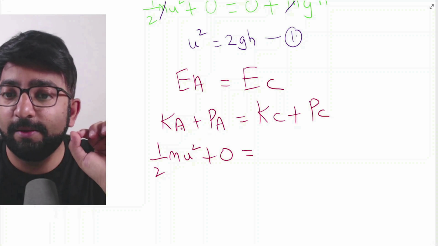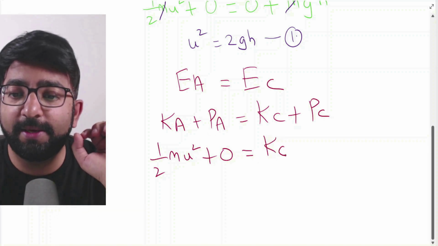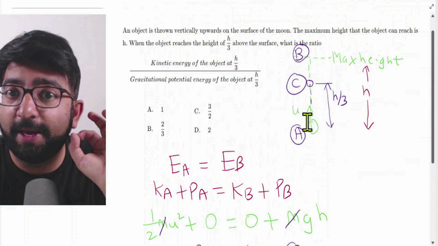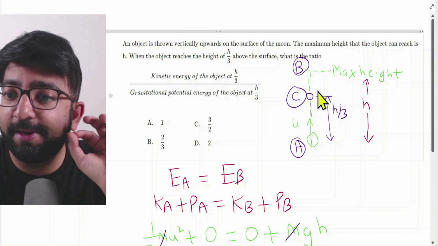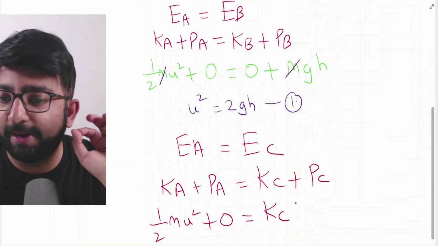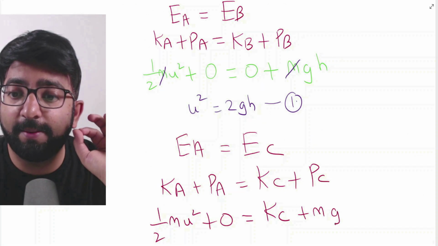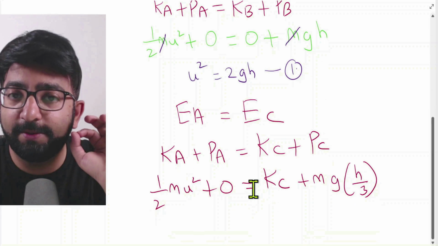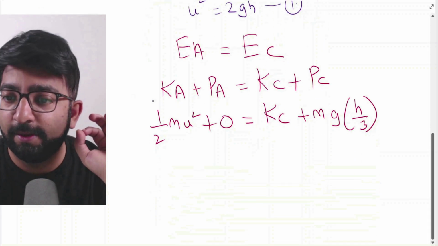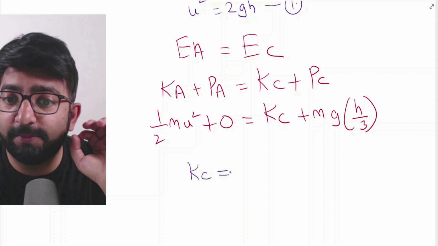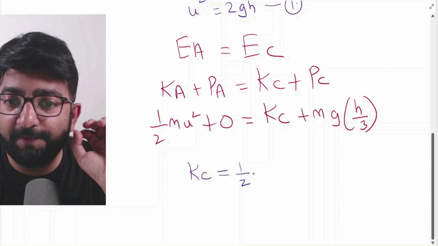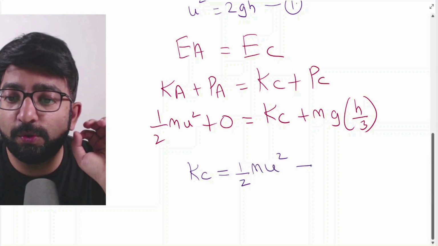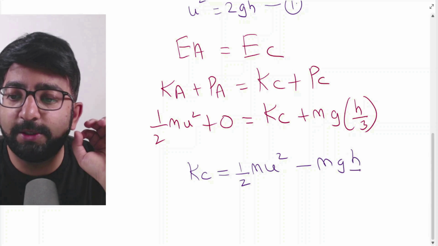Now at C, let's say the kinetic energy is Kc and the potential energy will be mgh, but the height for C is h by 3. So we will write potential energy at C as mg multiplied by h by 3. Now let us try to simplify this expression to get Kc. Let us make Kc the subject. On simplification, we will get half mu square minus mg into h by 3.